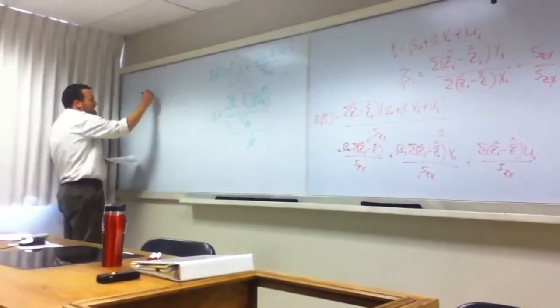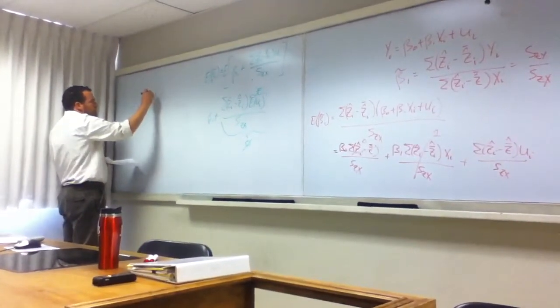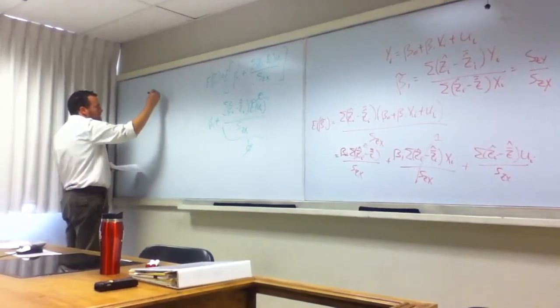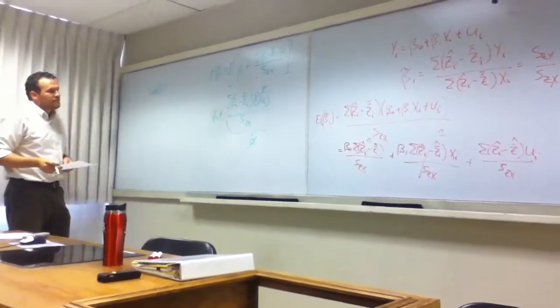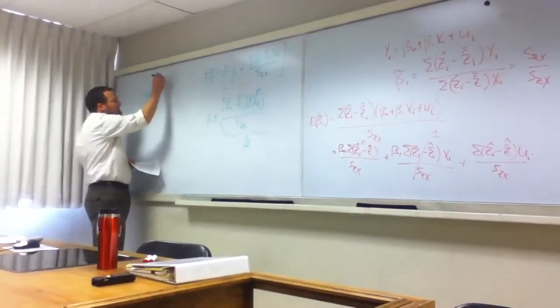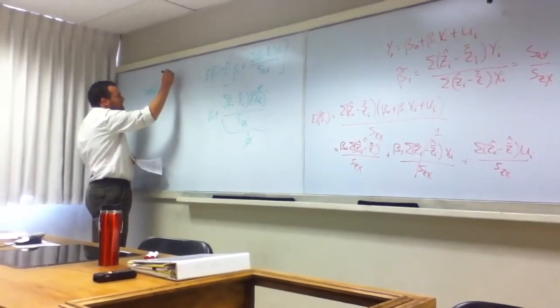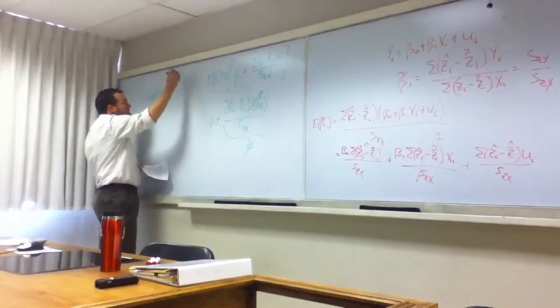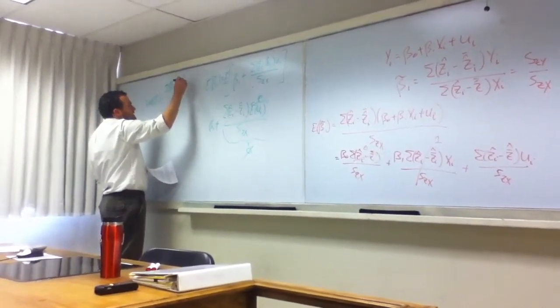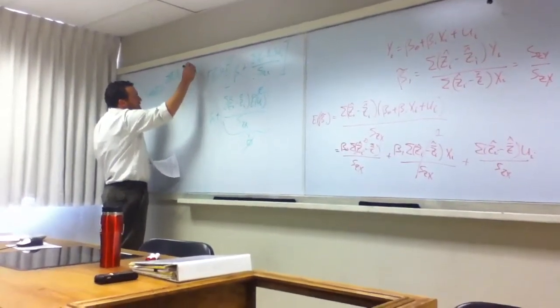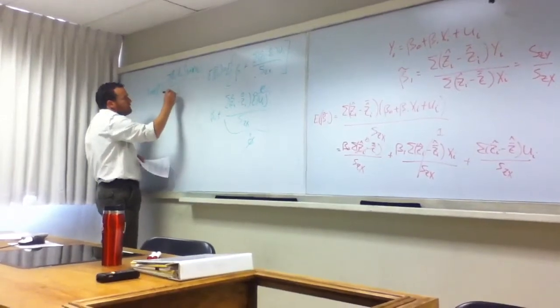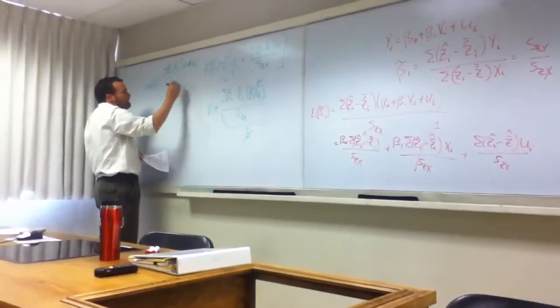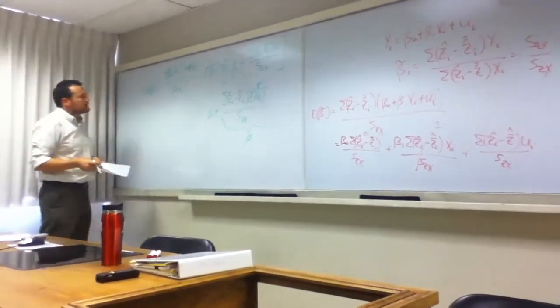Now when we take the variance, again, we're going to be left with this top part squared and the bottom squared.